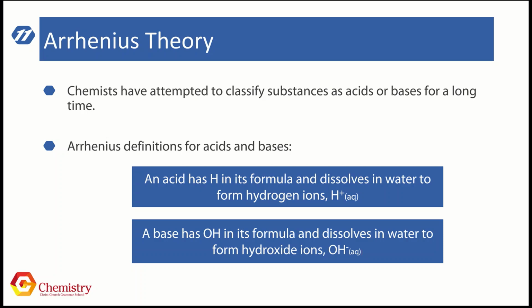So Arrhenius defined acids and bases thus. An acid has hydrogen in its formula, and it dissolves in water to form hydrogen ions, H+. A base has OH in its formula and dissolves in water to form hydroxide ions, OH-.